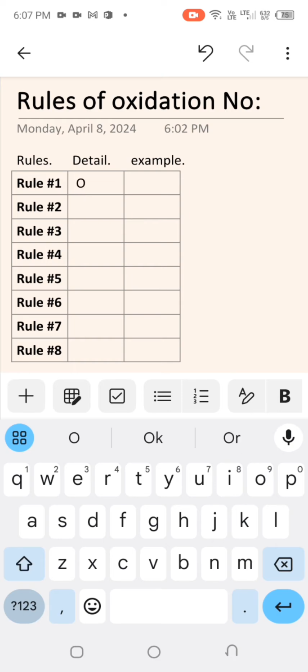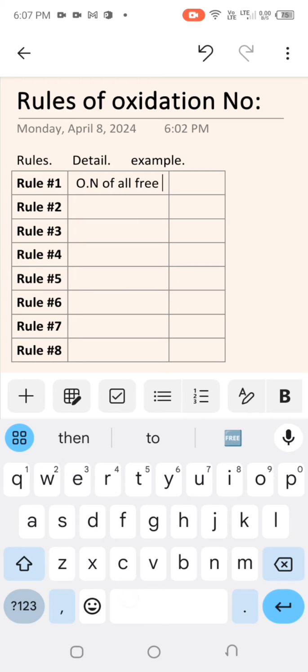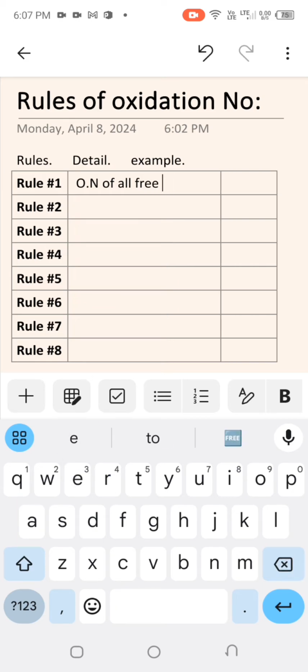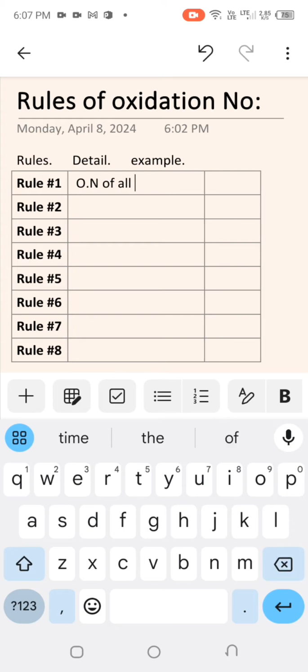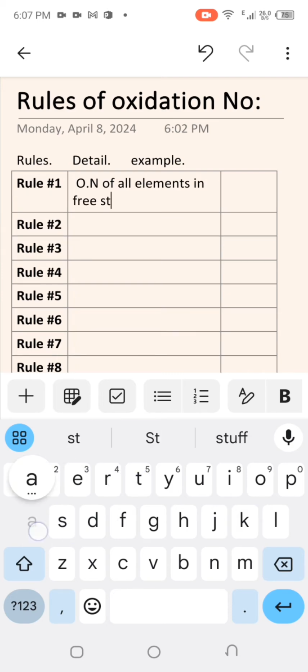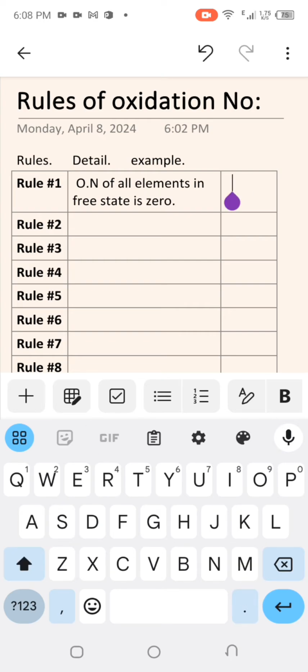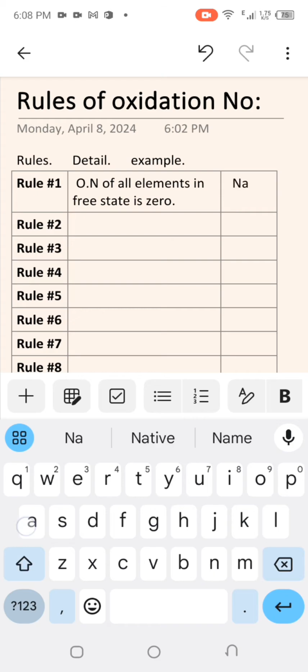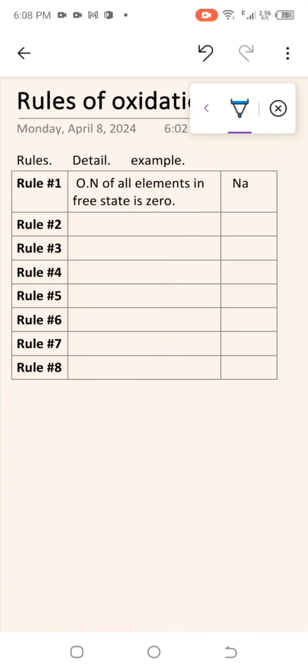So if I write here, the oxidation number of all elements in the free state is 0. Fine. So if I give an example, like we have Na, there will be a 0 on the upper side like this.